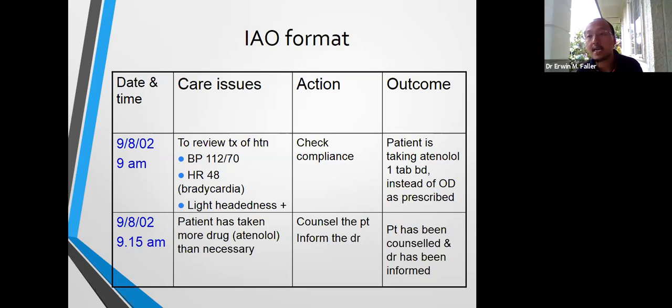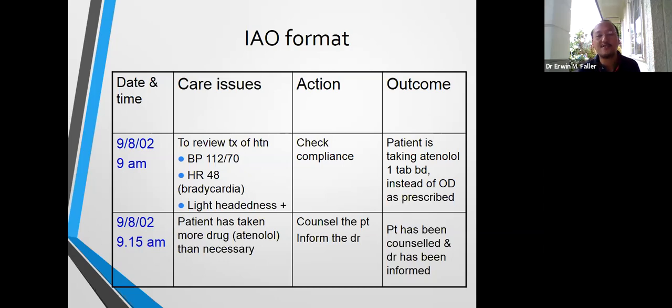And then a particular care issue, for example, would be to review the treatment of hypertension. The blood pressure is 112/70 and the heart rate is 48, which causes bradycardia. And the patient has lightheadedness.